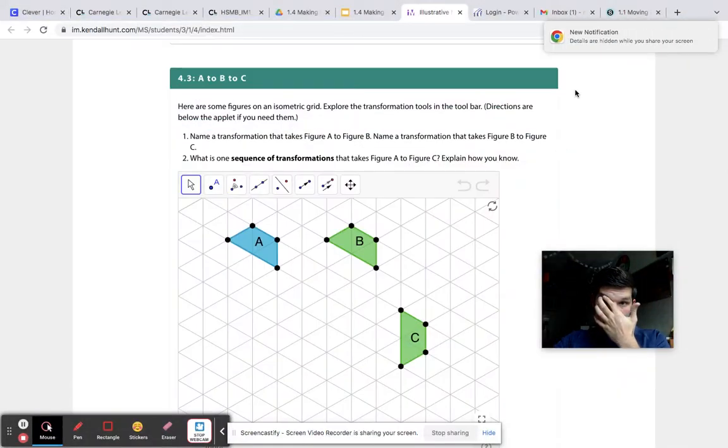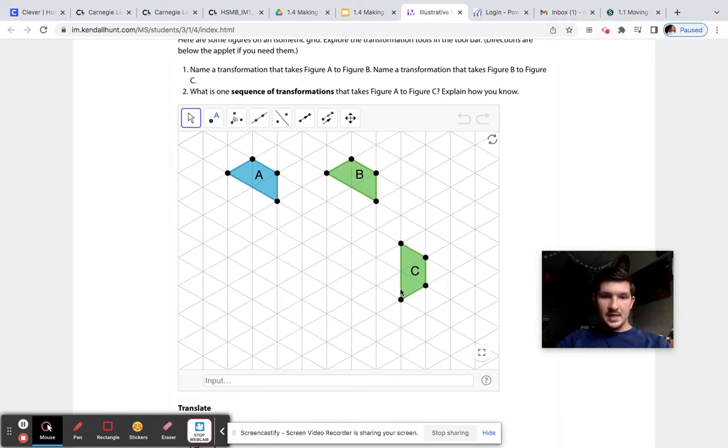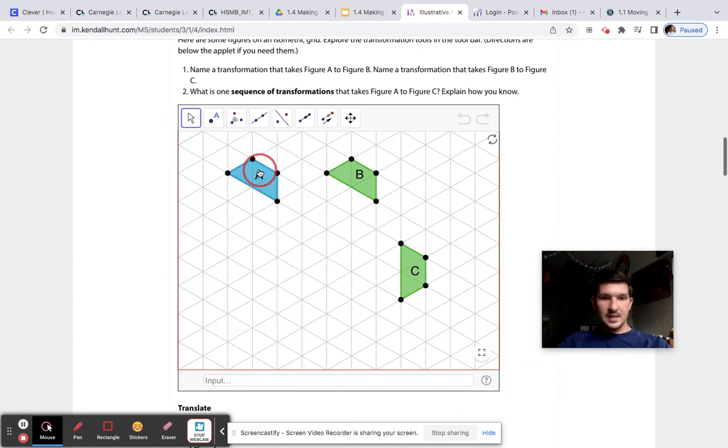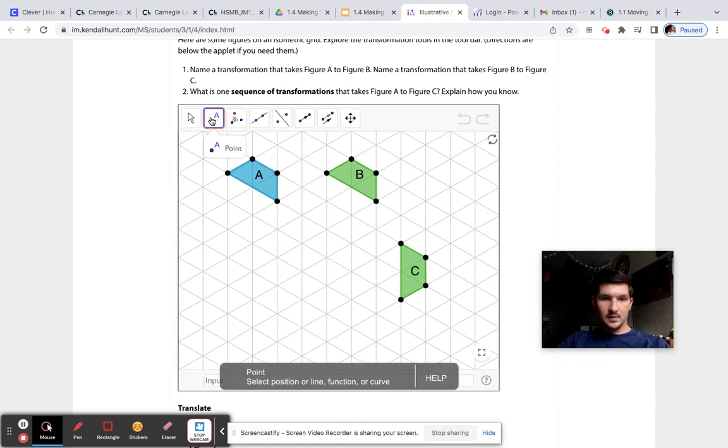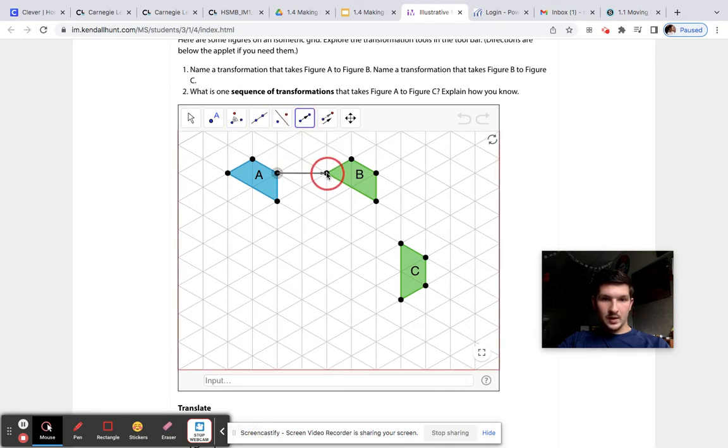So what I want us to think about is how we get A to B to C. A to B, all we are doing is simply grabbing our A. I want to rotate. Refresh it. So our A vertex here is going all the way across to this one here, here to here.